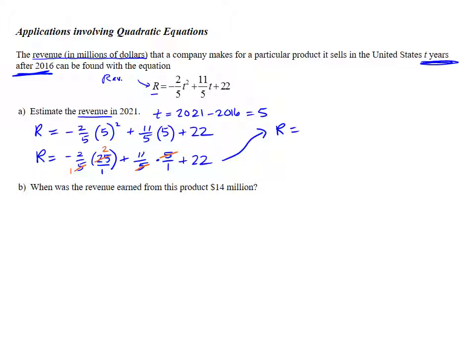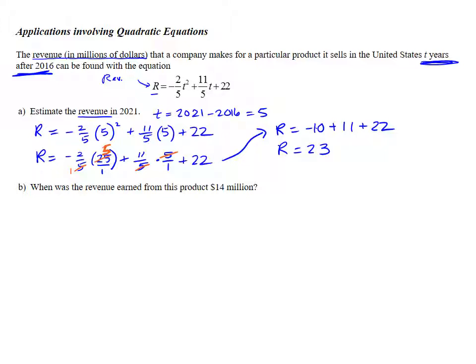We're going to get negative 2 times, whoops, I made a calculation mistake there. 5 goes into 25 5 times, not 2 times. So luckily I caught that. Negative 2 times 5 is negative 10, plus 11 over 1 is just 11, plus 22. Add that across, we will get 23.